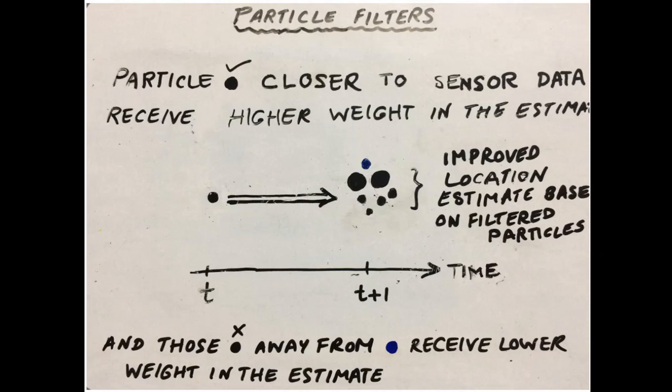This way particle filters are going to give us an improved estimate, and this whole process is also a kind of filtration. We are filtering out particles which are less relevant to the estimate, and we are keeping those particles which are more relevant to our estimate.